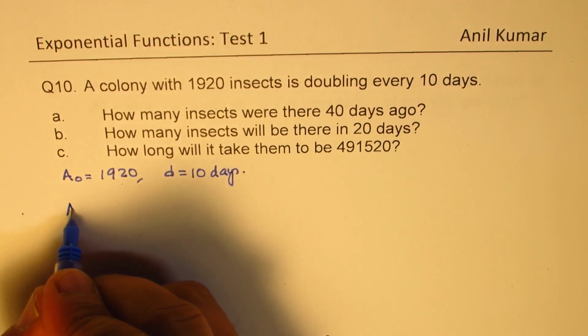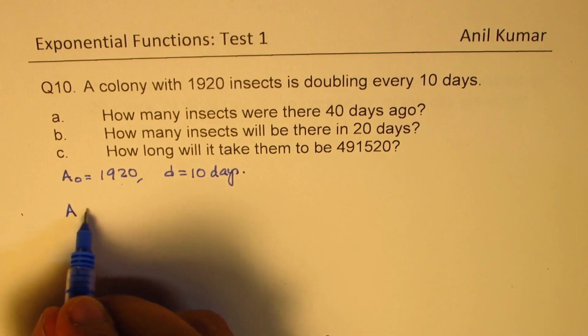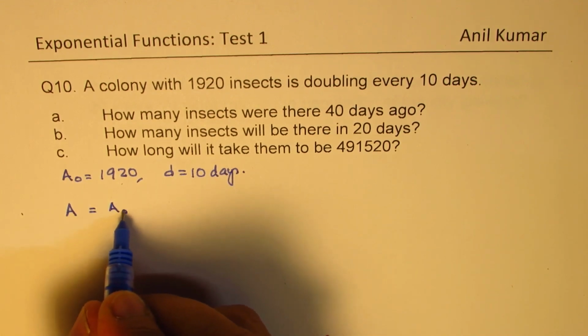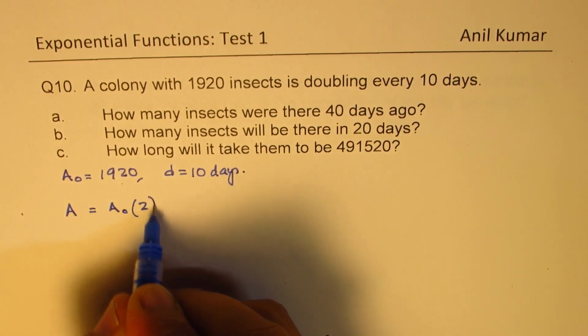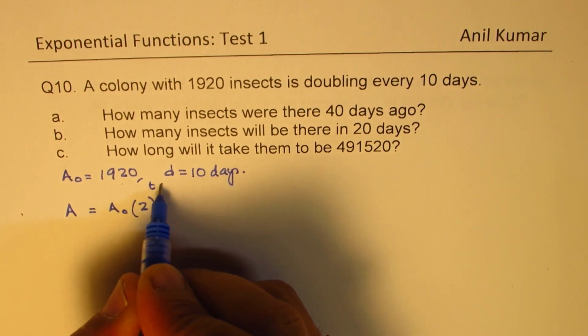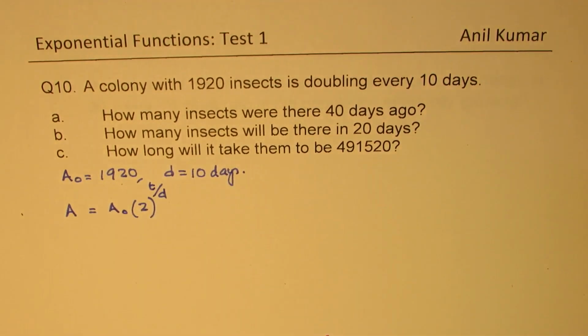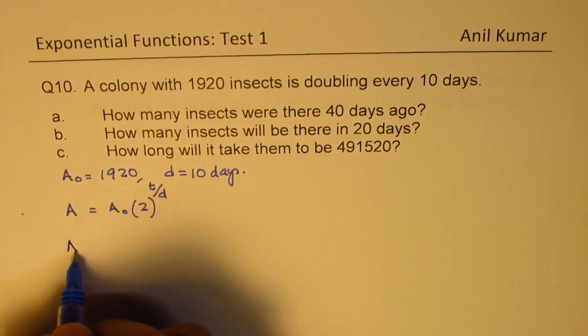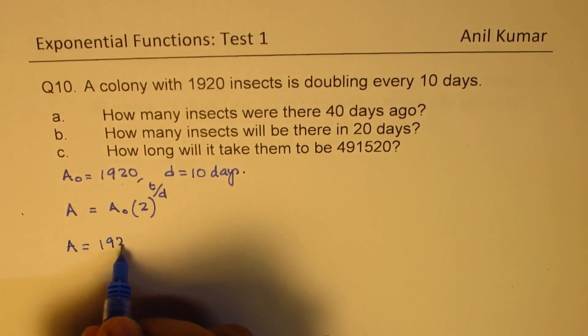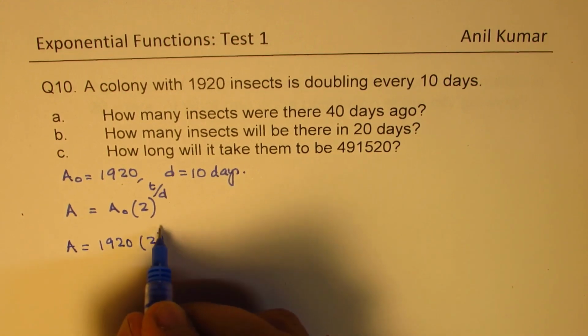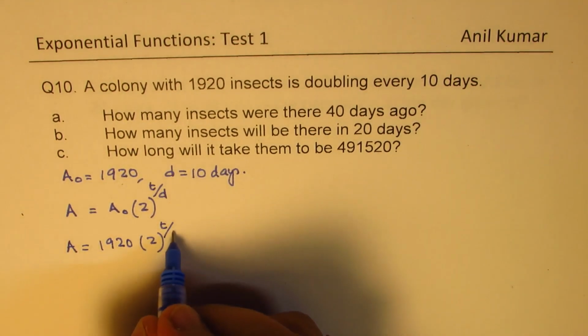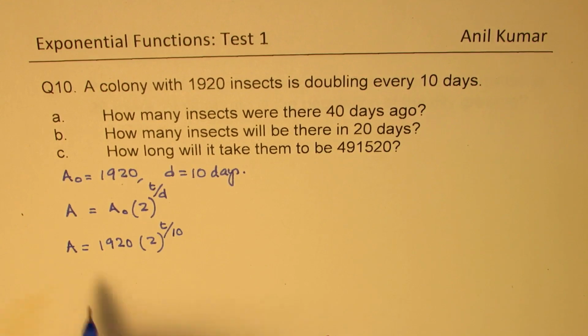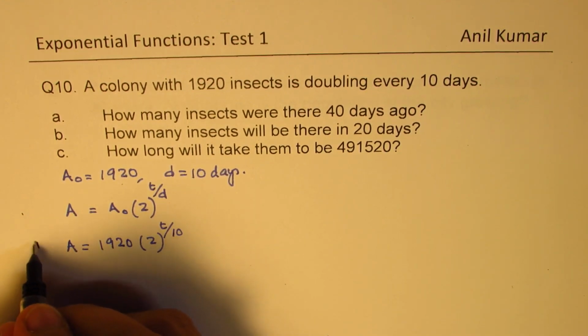So we could write at any instance of time, A will be equal to the initial amount times 2 to the power of T over D, right? So that is the formula. We know these two values, so I could write A as equal to 1920 times 2 to the power of T over doubling time, which is 10. Is that clear to you? So that becomes the equation. So we are always going to work with this particular equation.